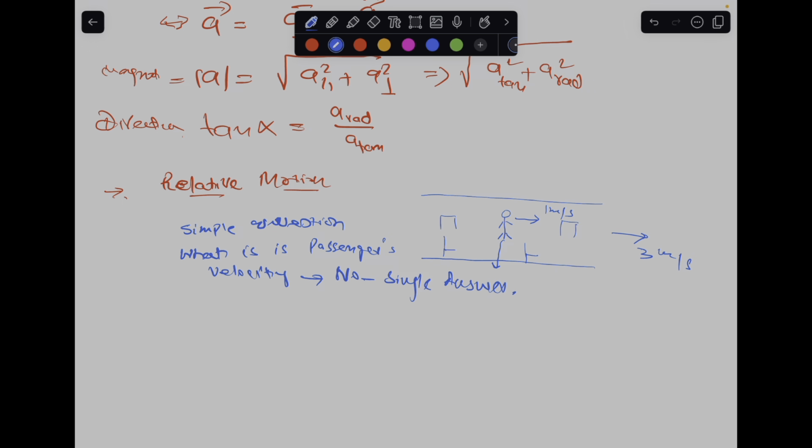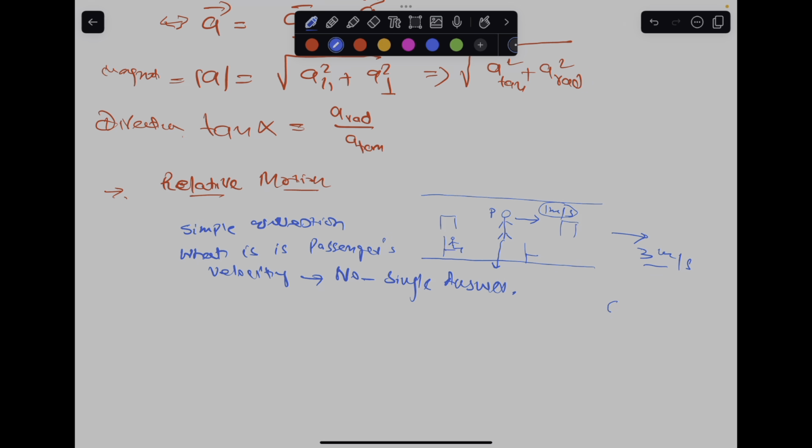Okay, so according to you, you are sitting on a train, the same train. According to you, this passenger P is moving with 1 meter per second velocity, because you are moving also with 3 meters per second.